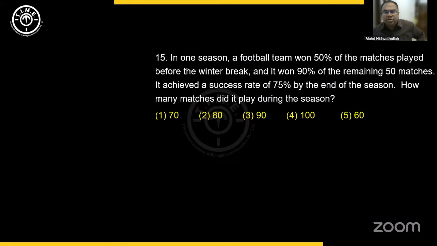Fine. This is the last question. You try this question. One season, a football team won 50% of the matches it had played before the winter break. It won 90% of the remaining matches. Okay.